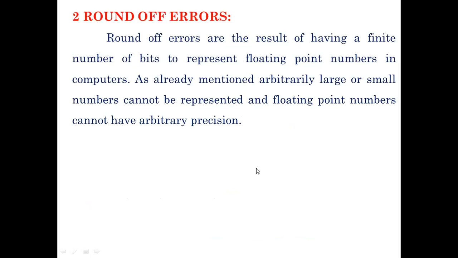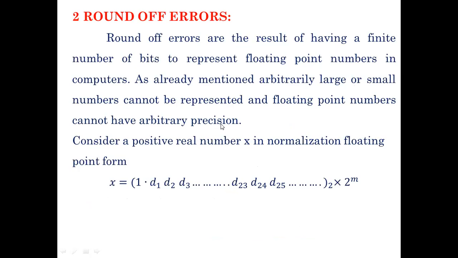Next, the second one is round off errors. Round off errors are the result of having a finite number of bits to represent floating point numbers in computers. As already mentioned, arbitrarily large or small numbers cannot be represented, and floating point numbers cannot have arbitrary precision.